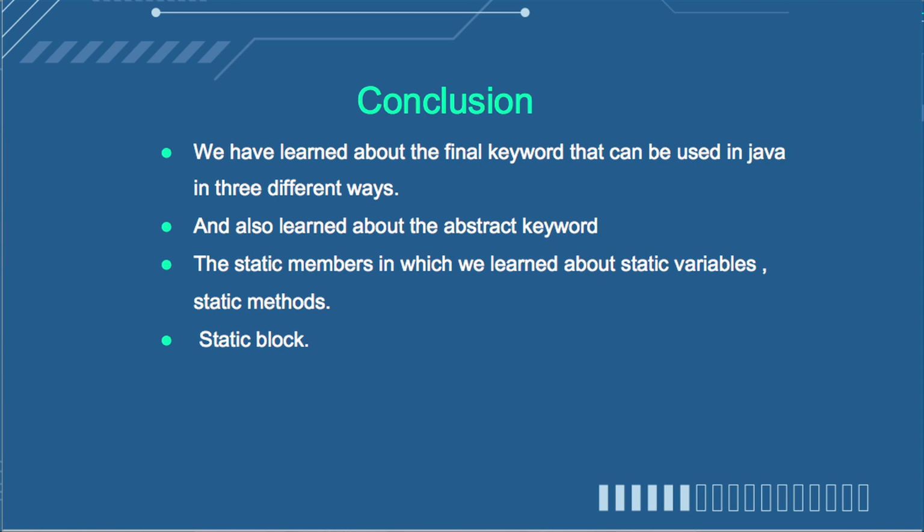We also learned about the abstract keyword, which can be used to create abstract classes and abstract methods. And finally we have learned about static members, in which we learned about static variables, static methods and static blocks.